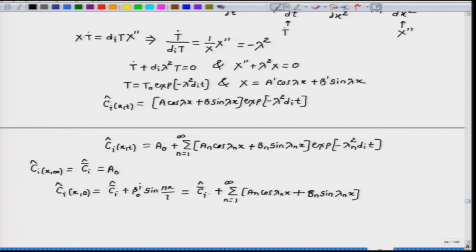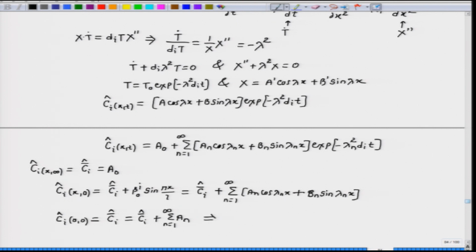Now, if we evaluate this again at x equal to 0, so ψ̂ at x equal to 0, t equal to 0 should be equal to ψ̄̂, and in terms of the general solution should be equal to ψ̄̂ plus the summation n equal to 1 to infinity, where sin 0 is 0 and cos 0 is 1. So, this is the summation of all an's for n equal to 1 to infinity.